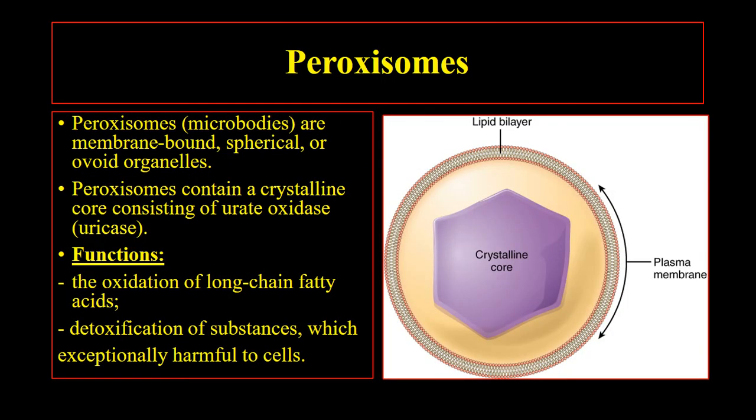And let's talk about another type of single-membrane organelles, peroxisomes. Peroxisomes, or another name, microbodies, are membrane-bound spherical or ovoid organelles. Peroxisomes contain a crystalline core consisting of urate oxidase.